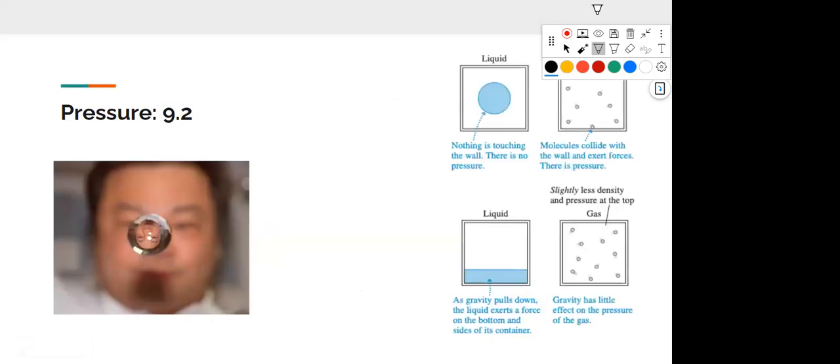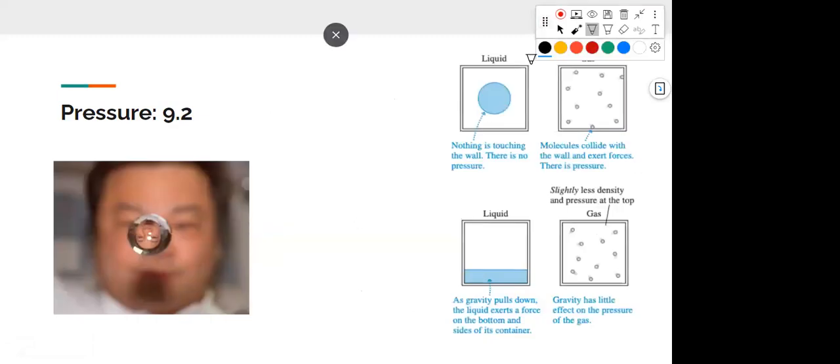Okay, so like I mentioned, if we look at these upper two pictures, this is what would happen in a weightless environment. The gas would just act like normal, it doesn't really care. It's just molecules whizzing around, but the liquid would tend to bubble up, and we'll talk more about why it bubbles up and the strength of that probably tomorrow.